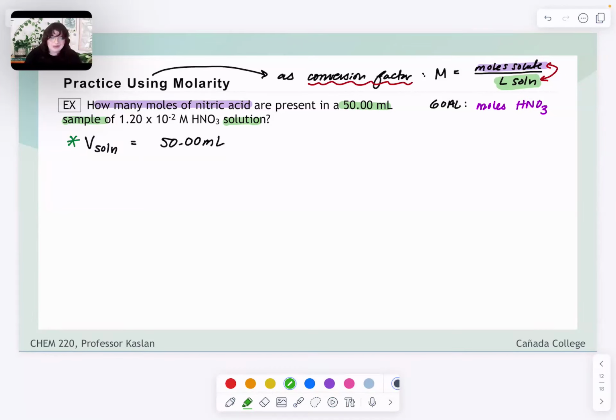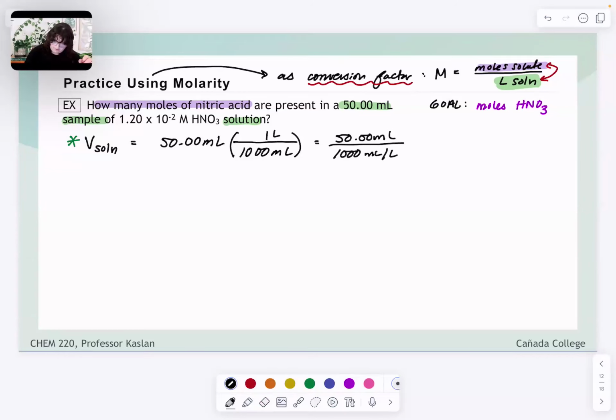However, I don't want this to be in the milliliter unit. Molarity expresses moles per liter. So I'm going to have to convert. You can either write this out and show with a conversion factor that you know there are 1,000 milliliters in 1 liter. Again, this is the exact same as taking 50.00 milliliters and dividing by 1,000 milliliters per liter.